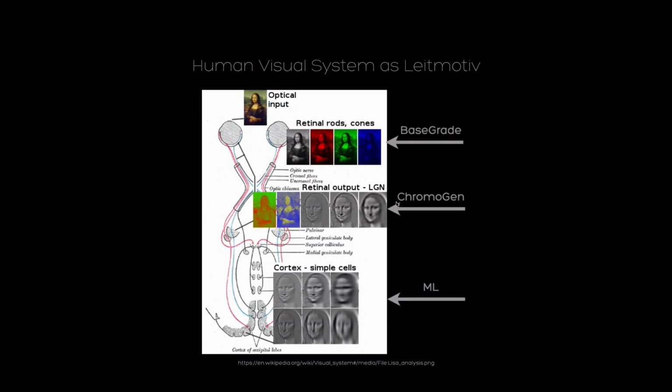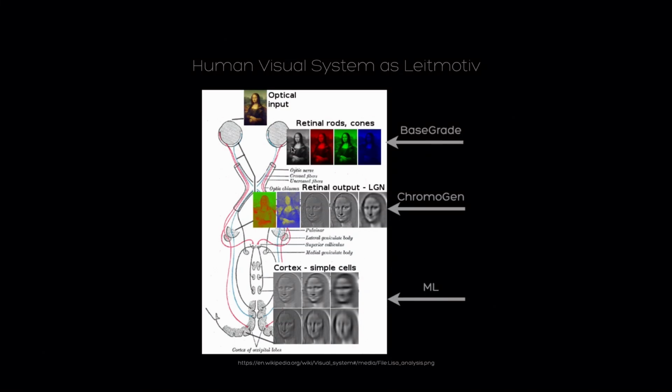And our primary grading tool, BaseGrade, is operating in the cone space, in LMS, which is why it's called BaseGrade, because it's the first process in this human visual system, and with BaseGrade you can basically adjust the input to the signal, the cone excitation.